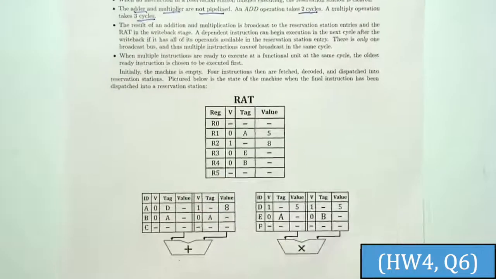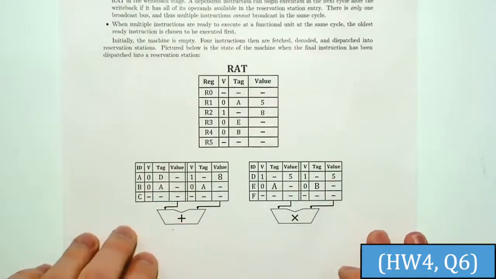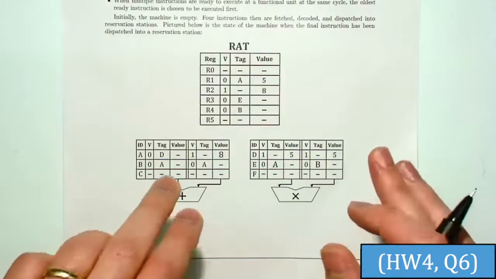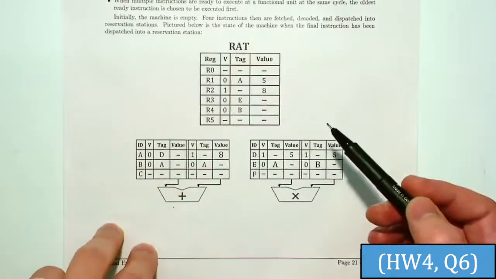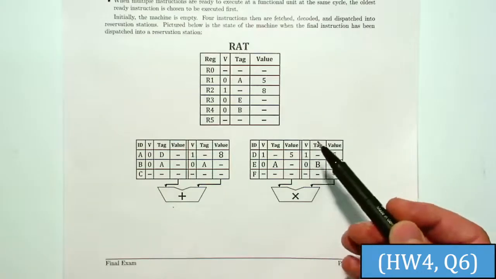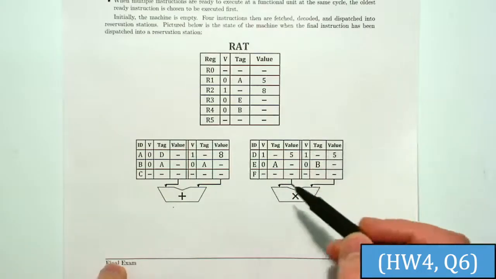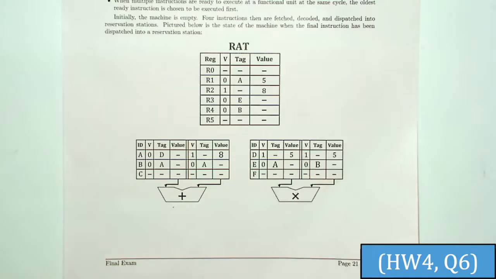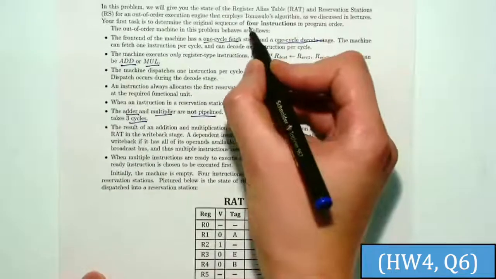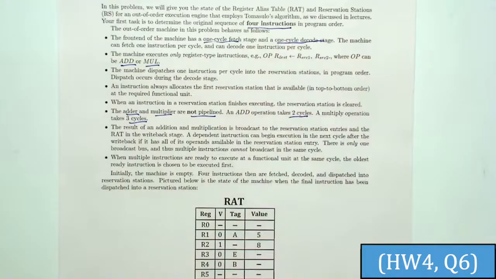So let me move to the questions, but before that, these are the state of the register alias table, RAT, and reservation stations at the point where all the instructions are fetched. And this program has 4 instructions, which is also highlighted here.